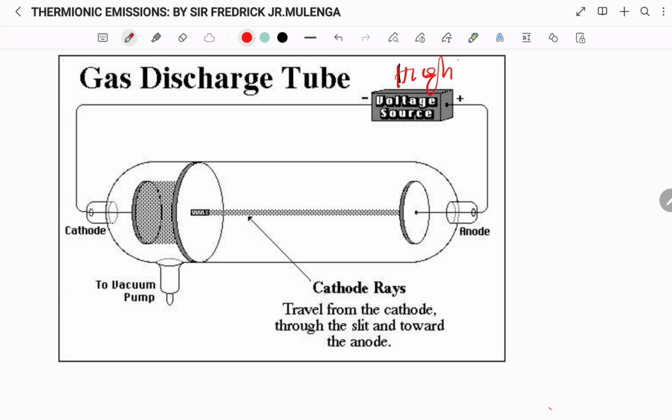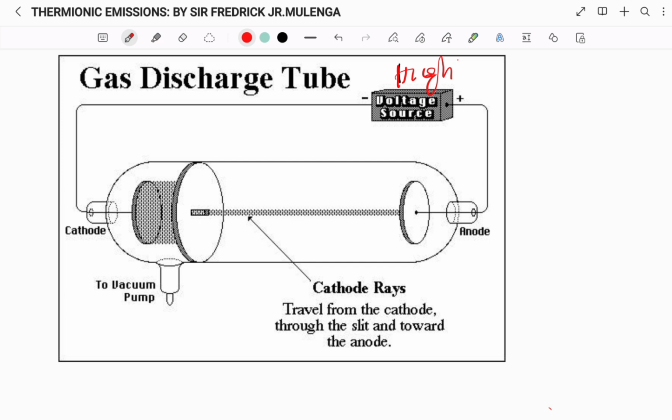These conduct electricity. Initially, when the tube is still filled with air and the circuit is complete, there was no current detected.